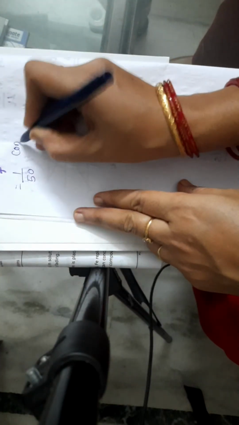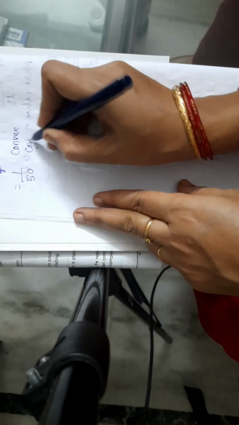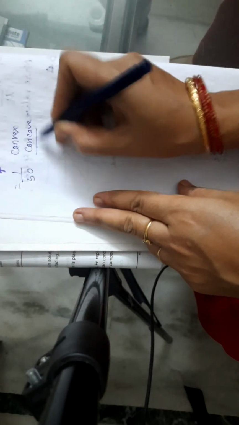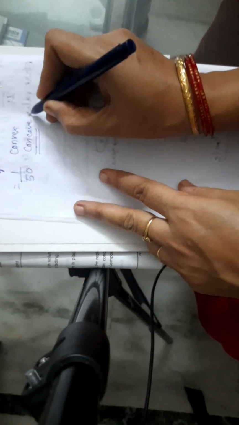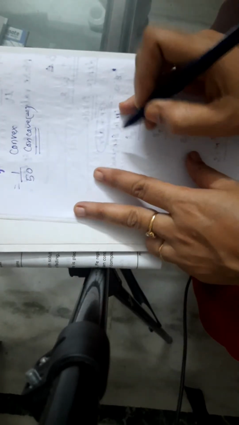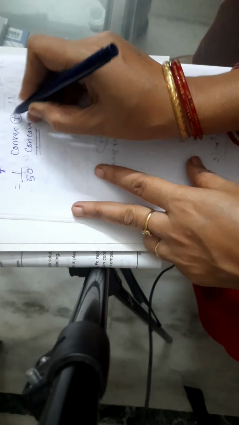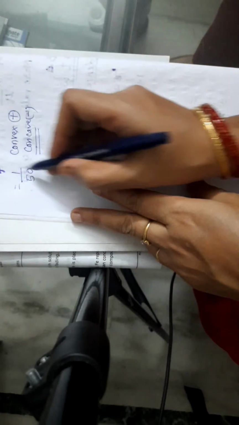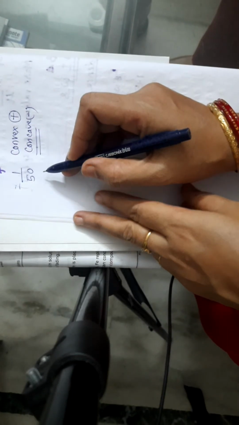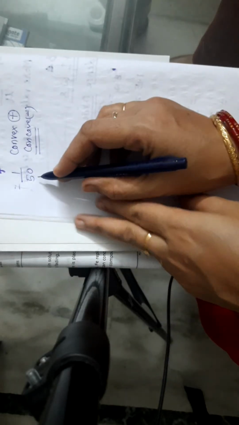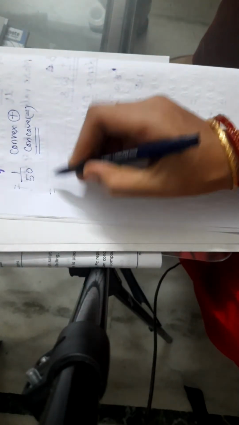One is convex, other concave. If power of concave is asked, it should be taken negative. If power of convex, it's always positive. Now it is convex, so it's 1 by 50.